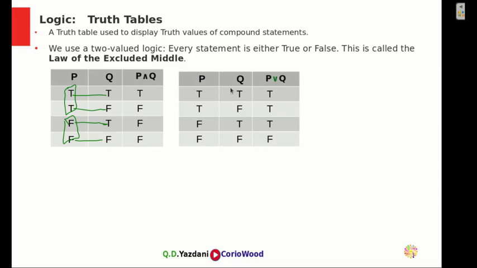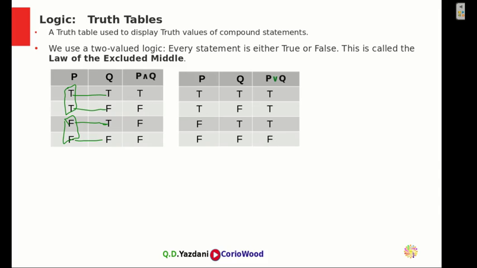Then we come to the next one, which is or. Then we have P, Q, and P or Q. The truth table for the or is: true and true becomes true, true and false becomes true, false and true becomes true, and false and false becomes false.